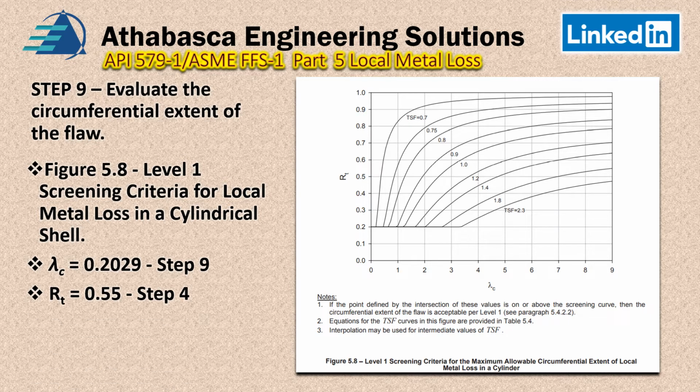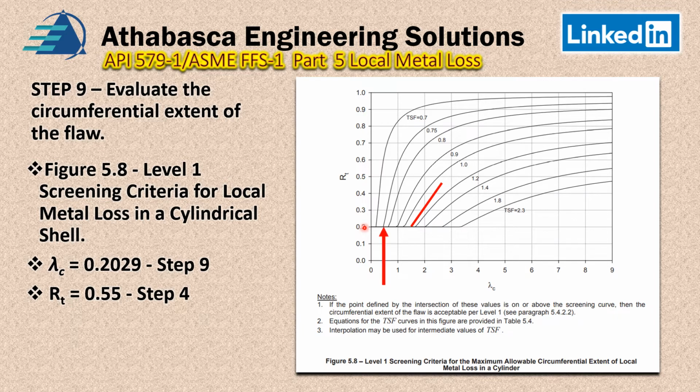We need our RT as 0.55, and as long as it's over here. But let's see how we do here. We've calculated our TSFA earlier, it's in this range, so we follow down this curve here, and then it follows along here. Okay, so let's continue.